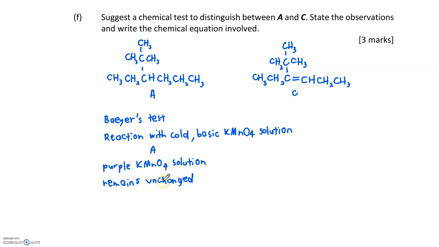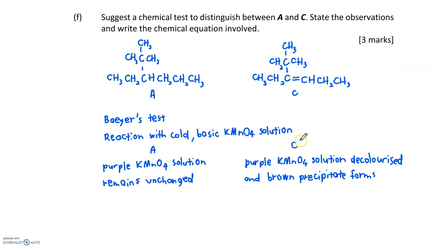The observation for compound A is the purple KMnO4 solution remains unchanged, while for compound C, the purple KMnO4 solution is decolorized and a brown precipitate forms.